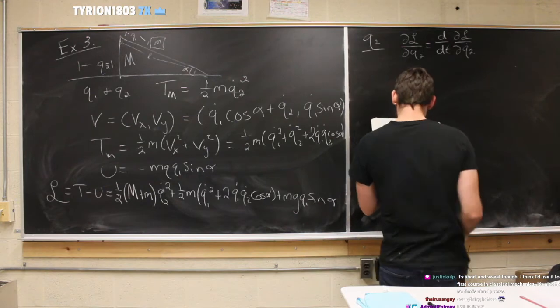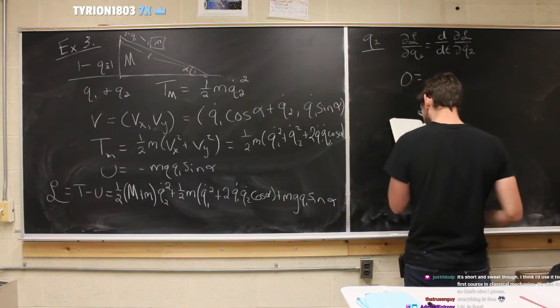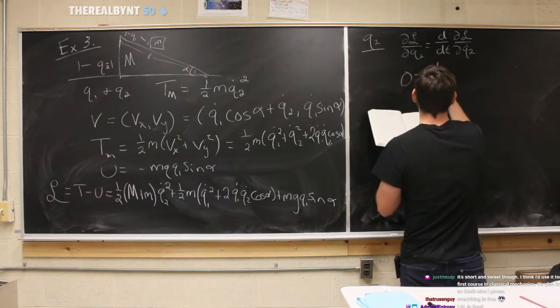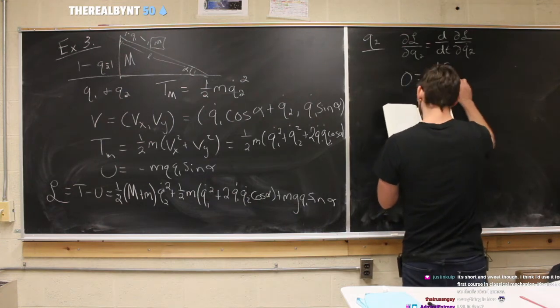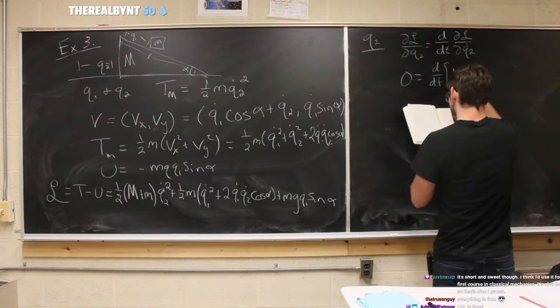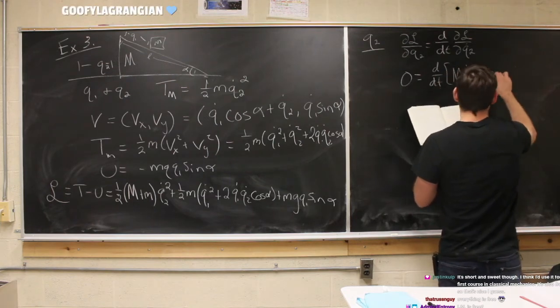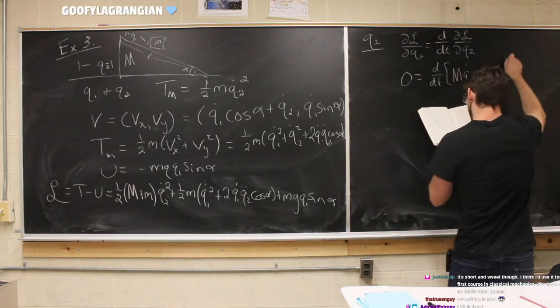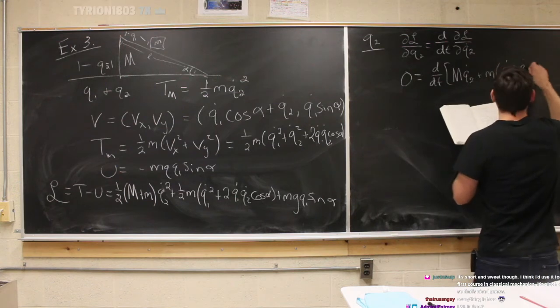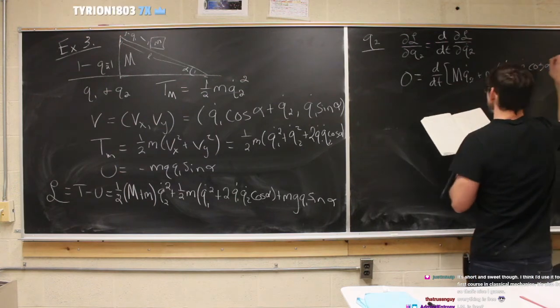And the right-hand side is going to have some stuff because there are some q2s in it. And we have d/dt, the derivative with respect to time of big M q2 dot, plus little m times q2 dot plus q1 dot cosine alpha.